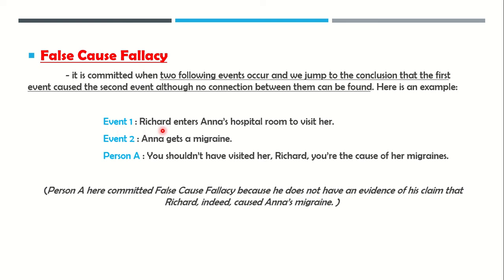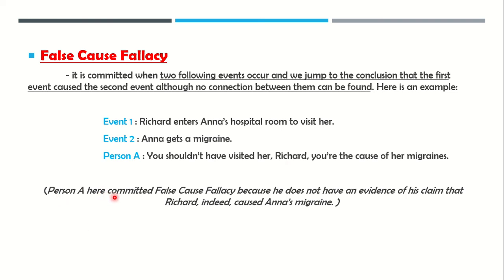Event 1. Richard enters Anna's hospital room to visit her. Event 2. Anna gets a migraine. Person A says, "You shouldn't have visited her, Richard. You're the cause of her migraines."